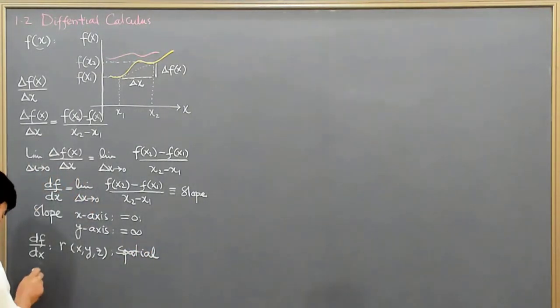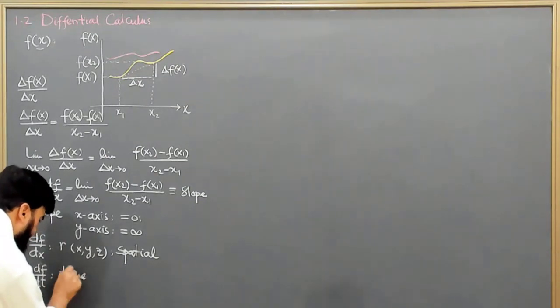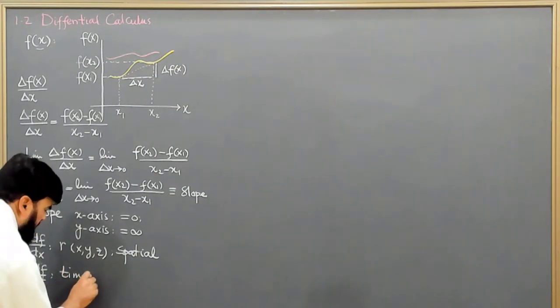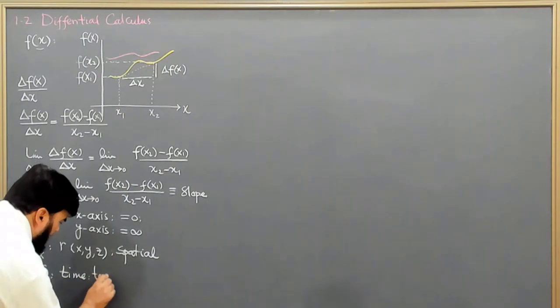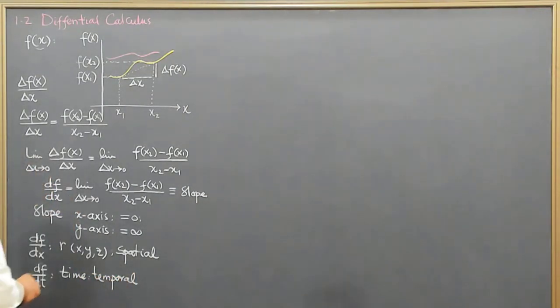Similarly, we have a time derivative, which is df over dt. We also call this the rate of change of a function, because the function is changing with respect to time. Sometimes we call this a temporal derivative.